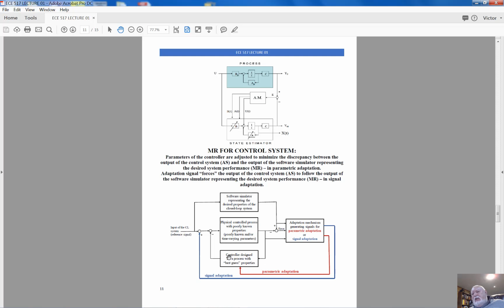Parametric adaptation will affect parameters of the controller, forcing the system to behave exactly as the reference model. So don't be confused. In this case, reference model is a software simulator representing the desired closed-loop system performance. And the adjustable system is the entire physical control system with the physical process and the controller.